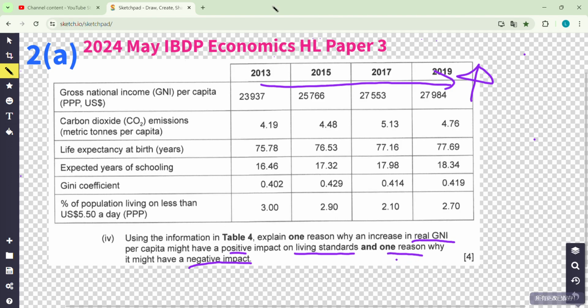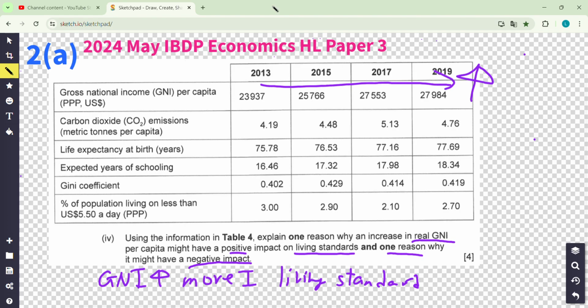The positive one is easy, right? You look at it and you can say GNI increases, so people have more income. With more income, living standards can improve and poverty can be removed.